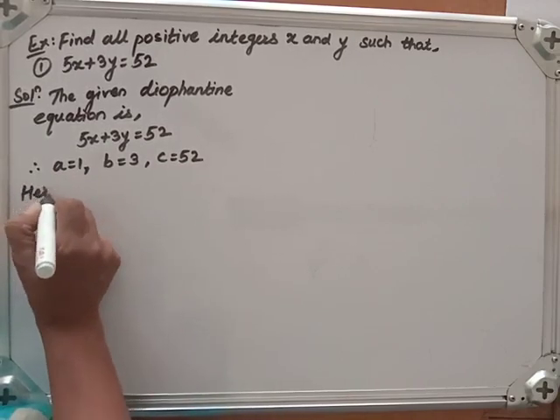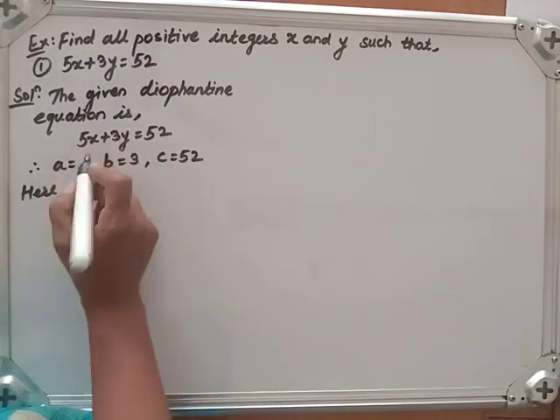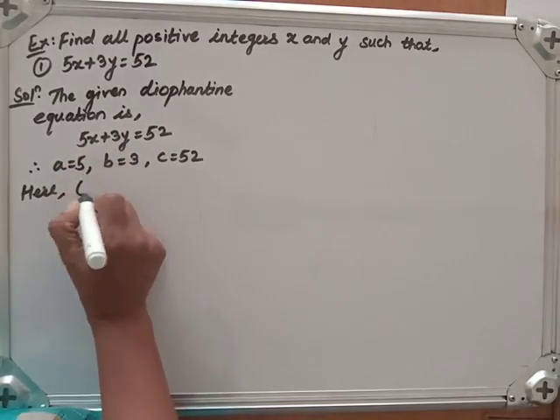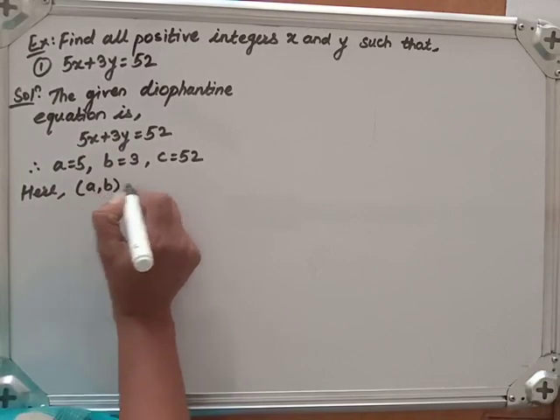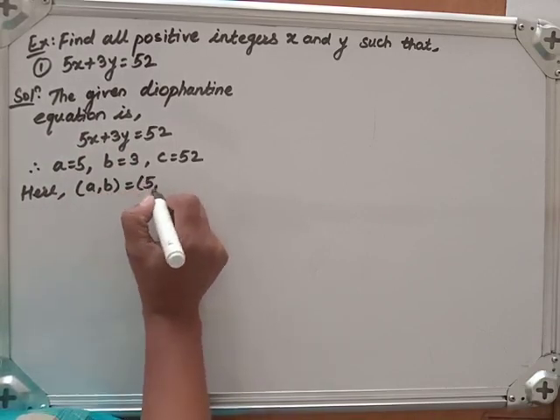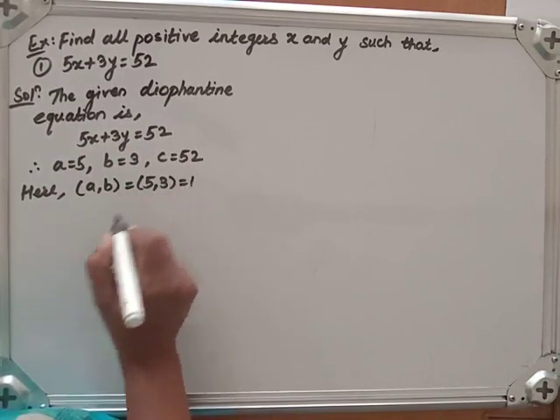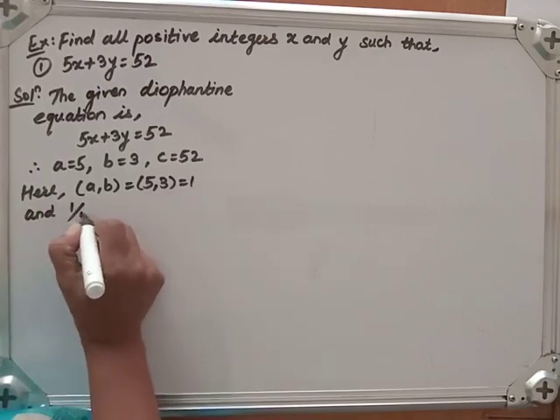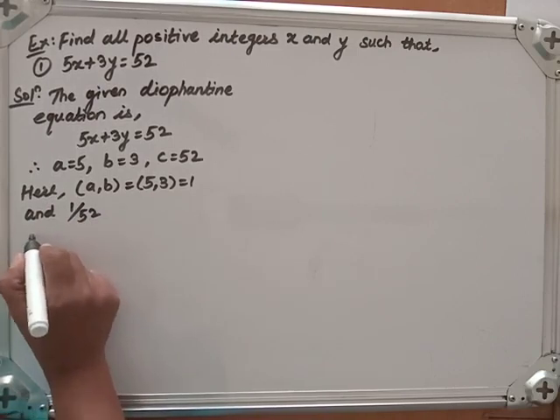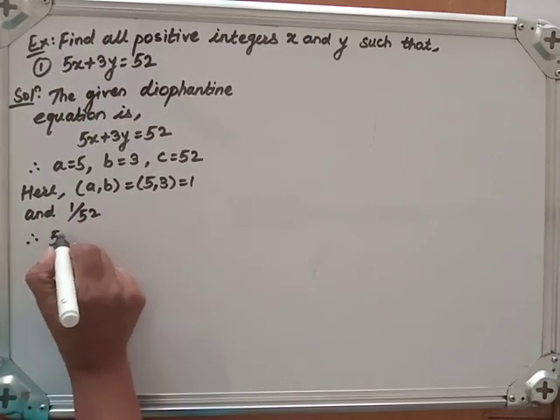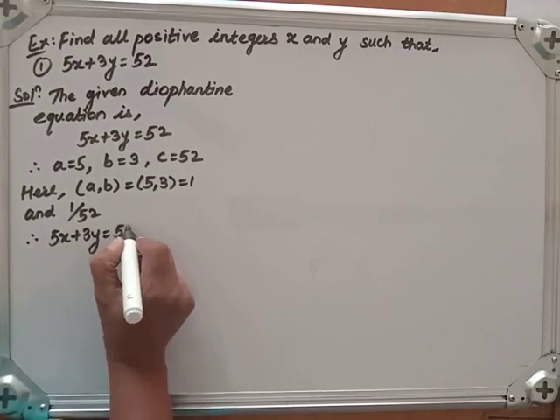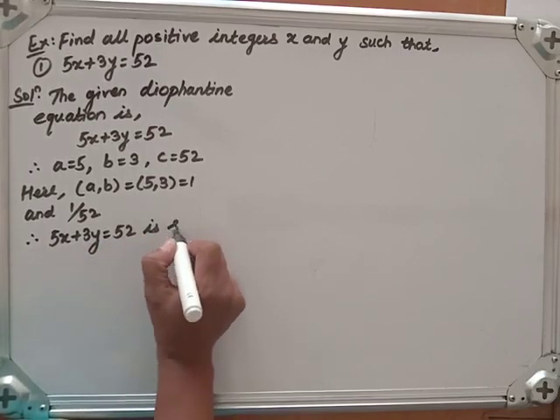Here a and b, that is 5 and 3, are relatively prime and 1 divides 52. Therefore, 5x plus 3y equal to 52 is solvable.